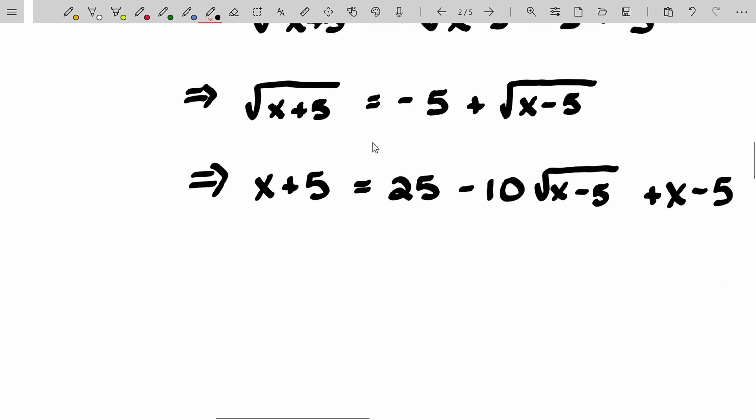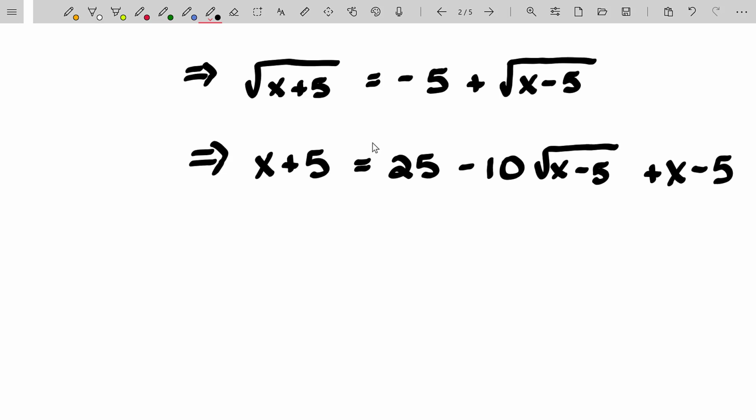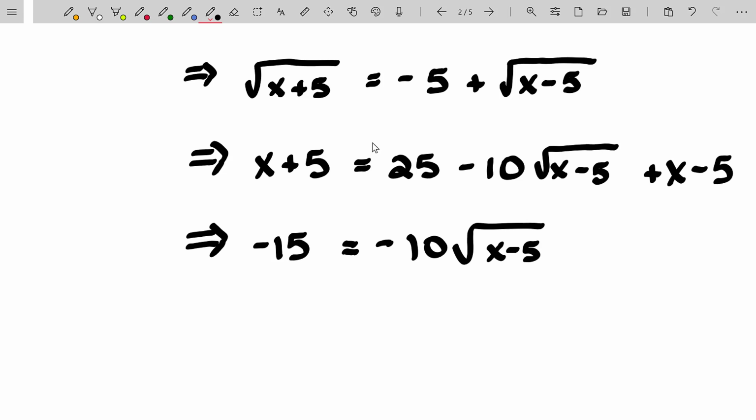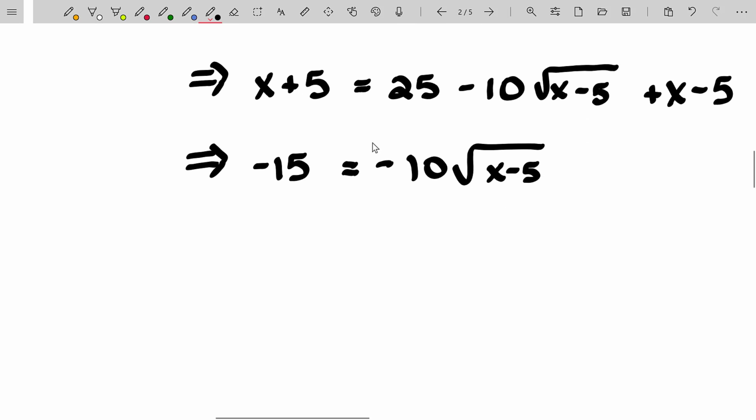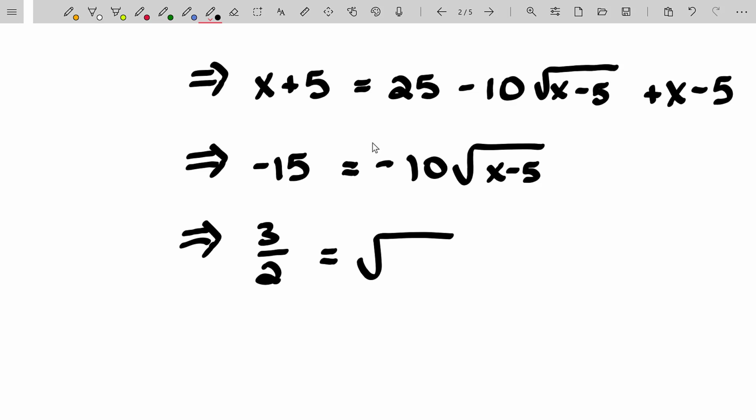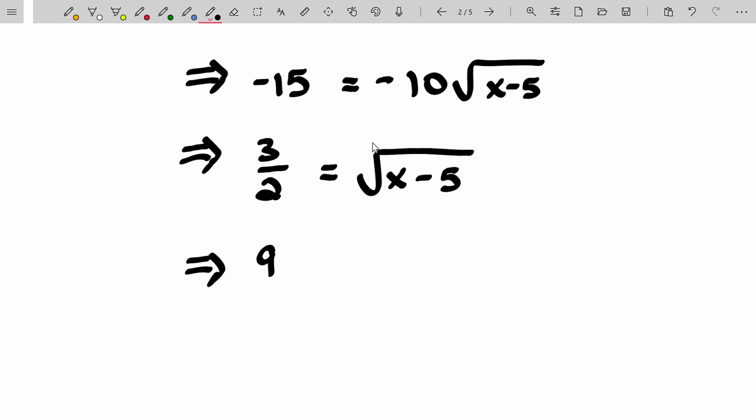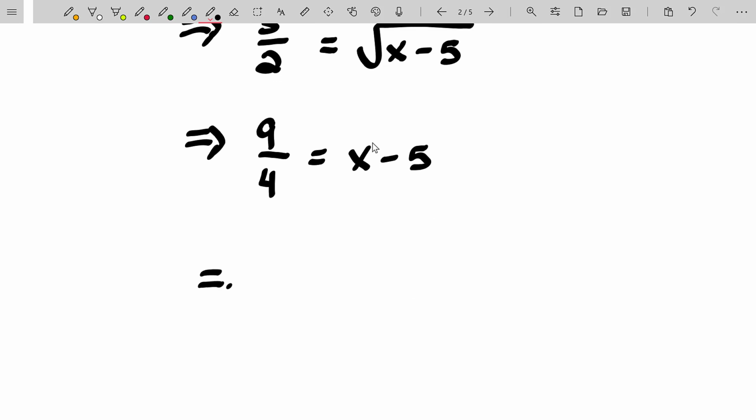Subtract x from both sides, add 5 to both sides, and then subtract 25 from both sides, and you get... Pausing for a moment to check to see if this is realistic, you can see it will be realistic once you divide both sides by negative 10, because you'll get positive 3/2 is equal to the square root of x minus 5. That can absolutely happen here. Let's go ahead and square both sides and then add 5 to both sides.